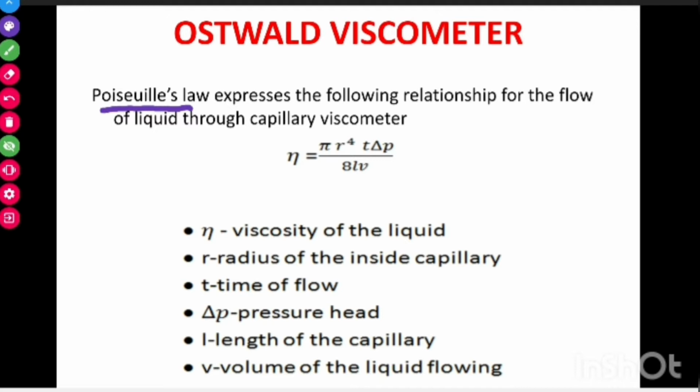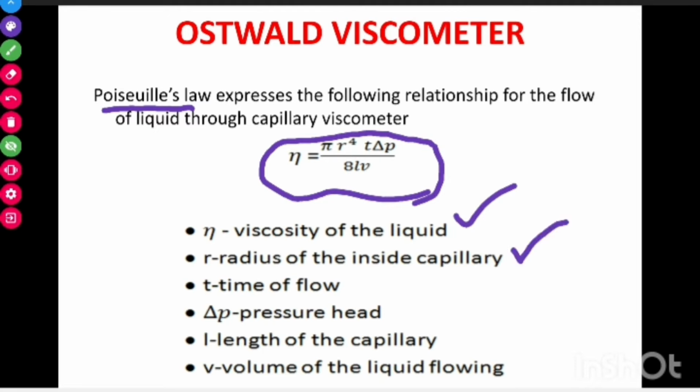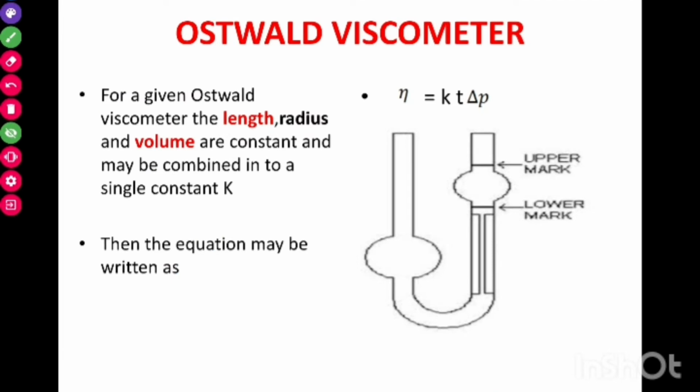So Poiseuille's law expresses this relationship for the liquid flowing through a capillary viscometer: eta equals pi r raised to 4 T delta P divided by 8 L V. Here, eta is the viscosity of the liquid, r is the radius of the inside capillary, T is the time of flow, delta P is the pressure head, L is the length of the capillary, and V is the volume of the liquid flowing. So this is our Ostwald viscometer.